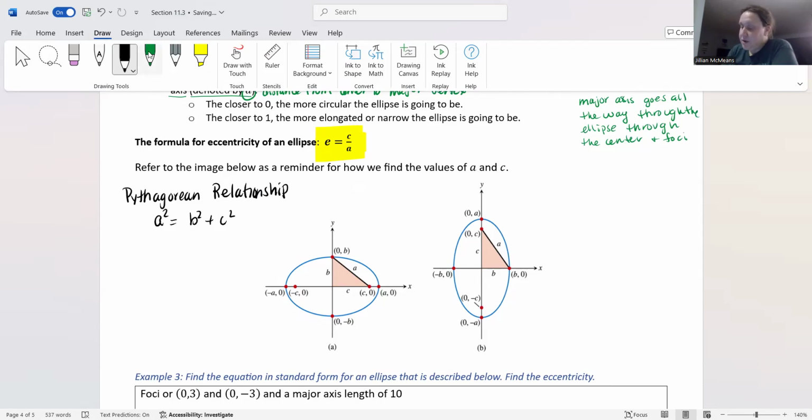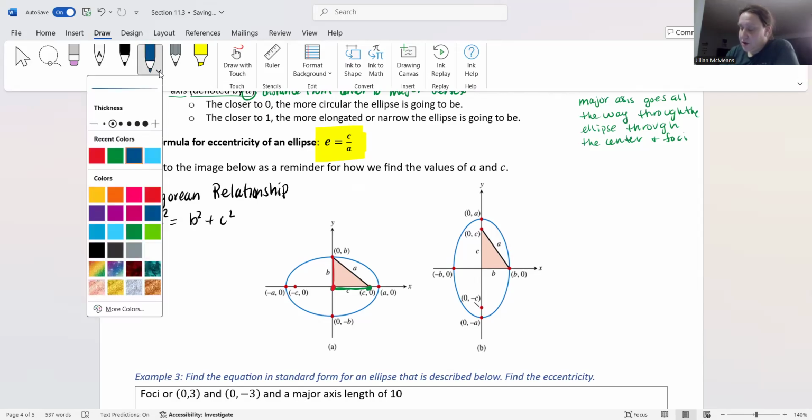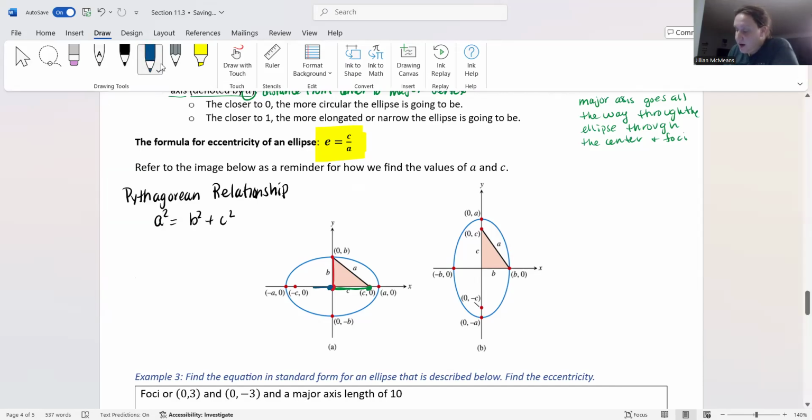But we can see here, from the center to either focus, that's going to be a length of C. And then from the center to a co-vertex, that's going to be B. Now, what you really need to understand is from the center to a major vertex is A. But it just so happens this navy blue distance that I've drawn here is the same as this distance here. And if you need to pull out your string and cut it and measure it, I promise you they're the same thing.